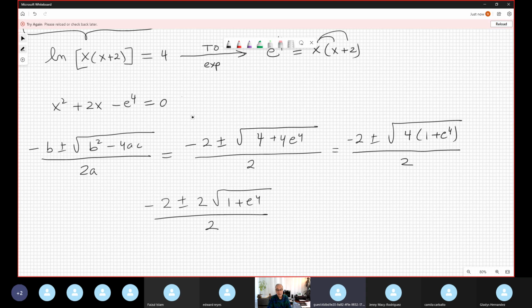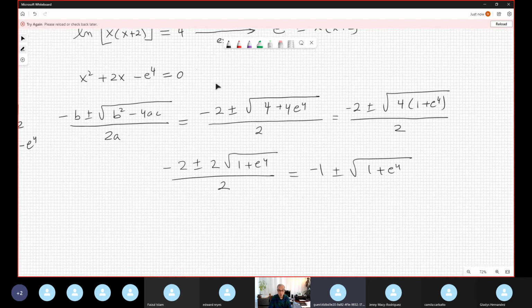Negative 2 divided by 2 is negative 1. And 2 divided by 2 is against 1 plus or minus square root 1 plus e to the 4 power. So actually, in this moment, we have two solutions. Okay, negative 1 plus square root 1 plus e to the 4 and negative 1 minus square root 1 plus e to the 4.